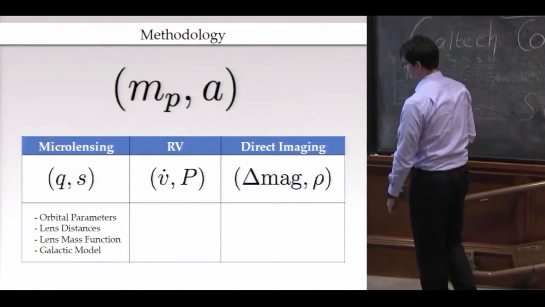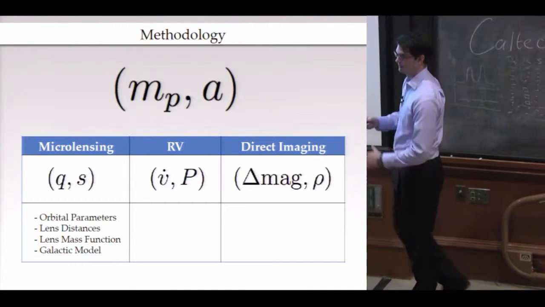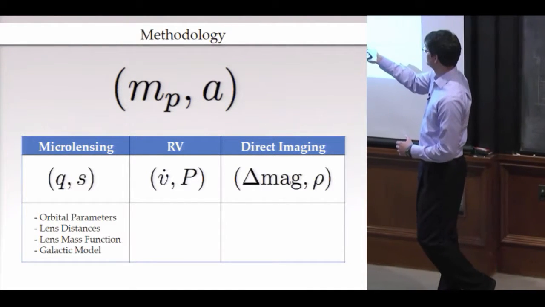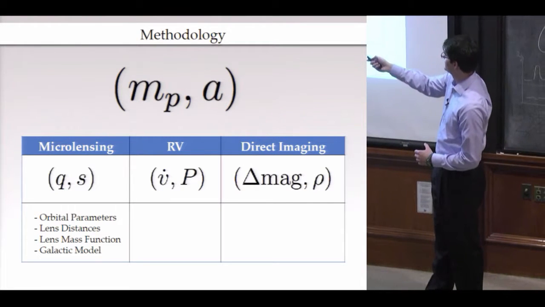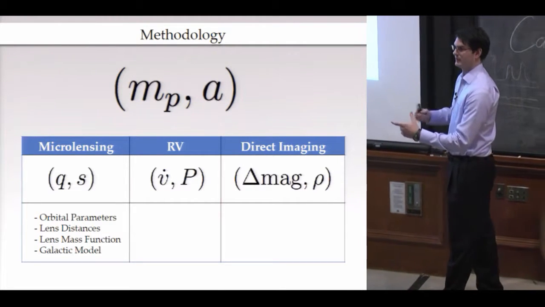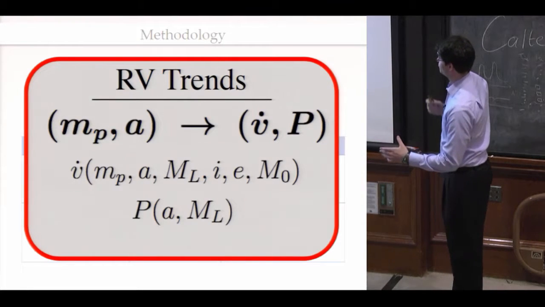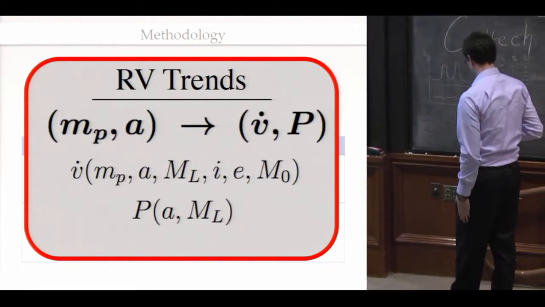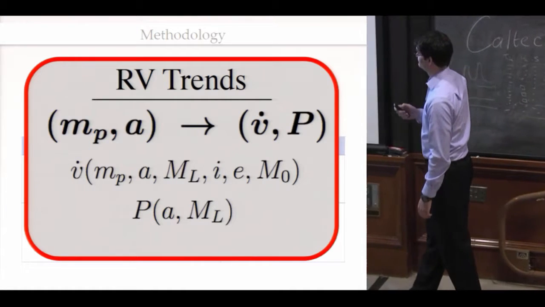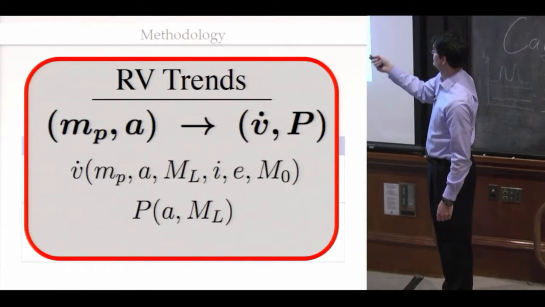Now for radial velocities, and in particular since we're interested in long-term trends, we need orbital periods and we need to compute the acceleration that the host star would feel as a result of such a long period planet. Here this is again the mapping that we need to do. We know how to deal with orbital parameters.